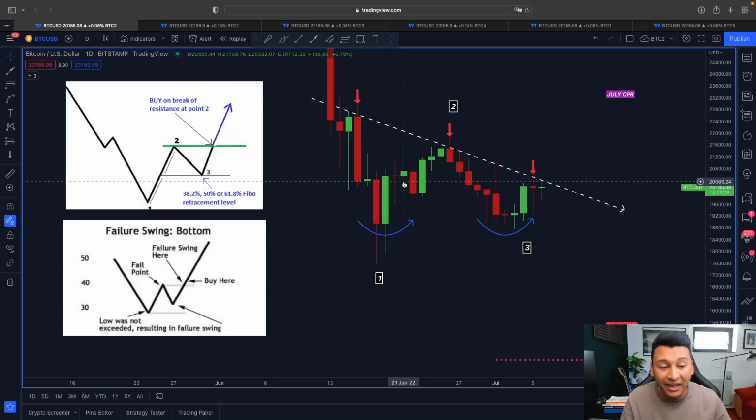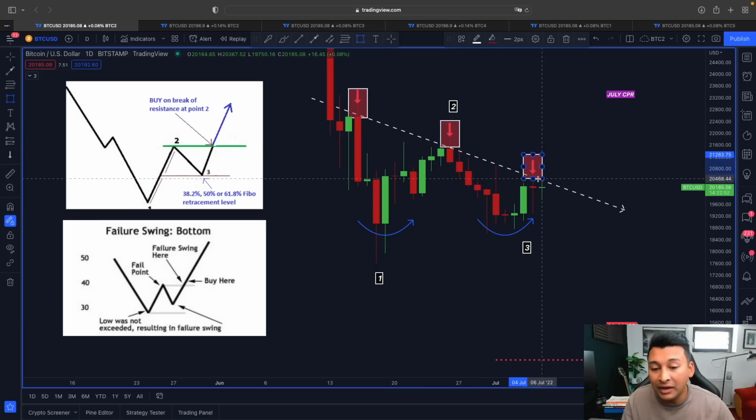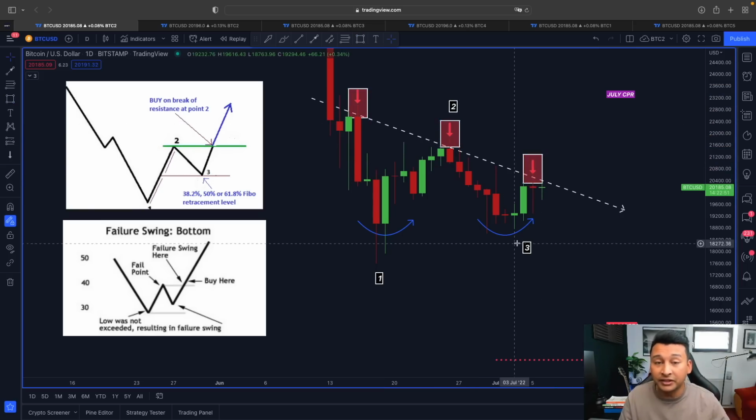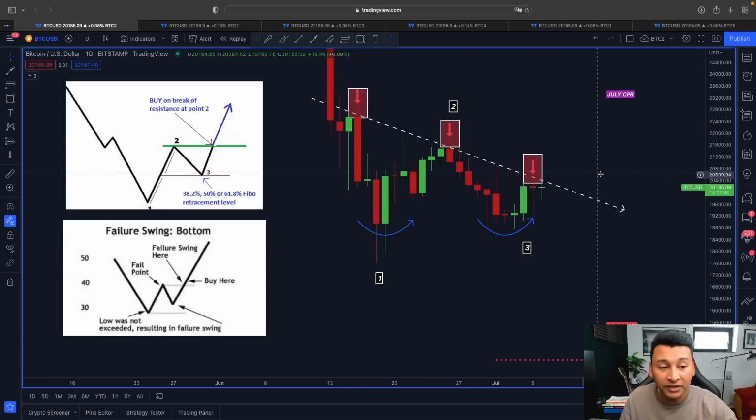What I mean by that: if we look at this price movement first as a 1 2 3 reversal pattern, the line of resistance right now, as we can see, is this falling trend line, because every time the price of Bitcoin has approached this falling trend line, we have seen a reversal. But in our case, since this reversal was not lower than the previous low, it has formed this 1 2 3 reversal scenario.